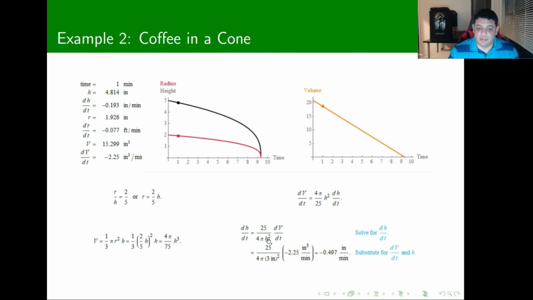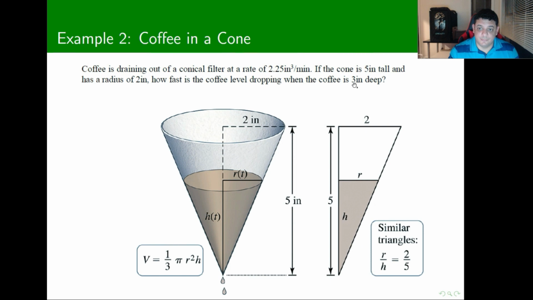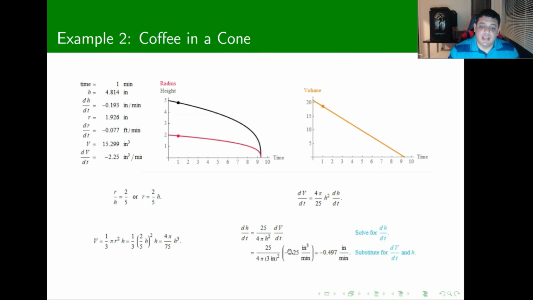Notice that we're plugging in h equals 3 inches deep, and the rate of change of the volume. The inches cubed over inches squared is going to cancel to inches, and the minute is going to remain. So we get minus 0.97 inches per minute. And that's how the height changes with respect to time.